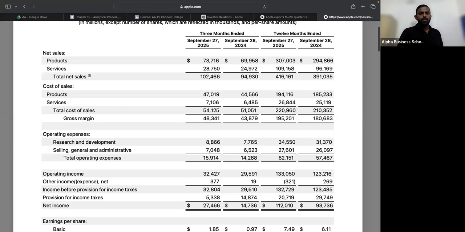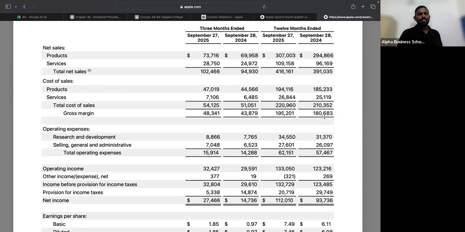Then I look at the cost of sales. Cost of sales has also increased from 180 to 195. Overall, it looks okay to me, but if I compute the GP margin, something unusual might be there.